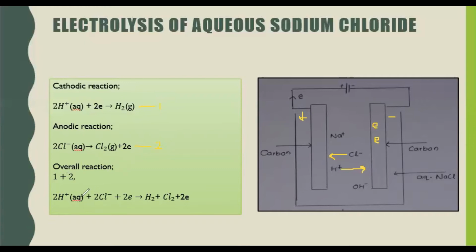When we add 1 and 2, on the left hand side we will get 2H plus, 2Cl minus and the 2 electrons. And on the right hand side also we will get H2 gas, Cl2 gas and 2 electrons.